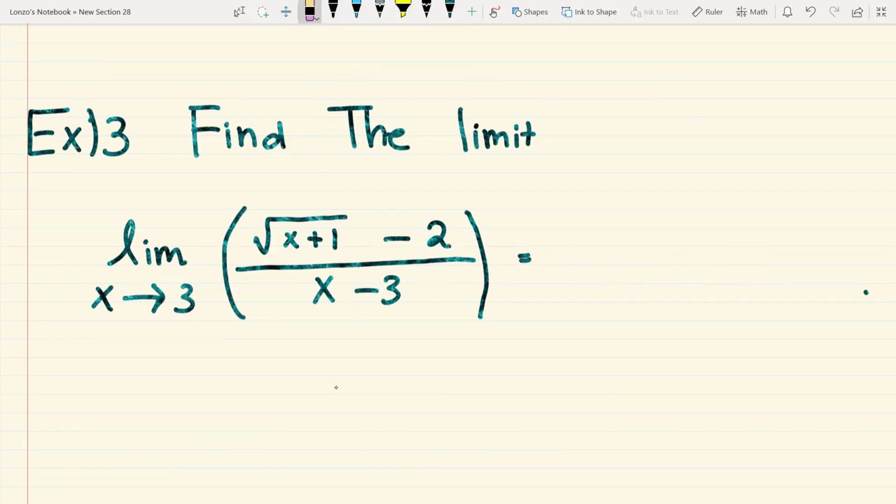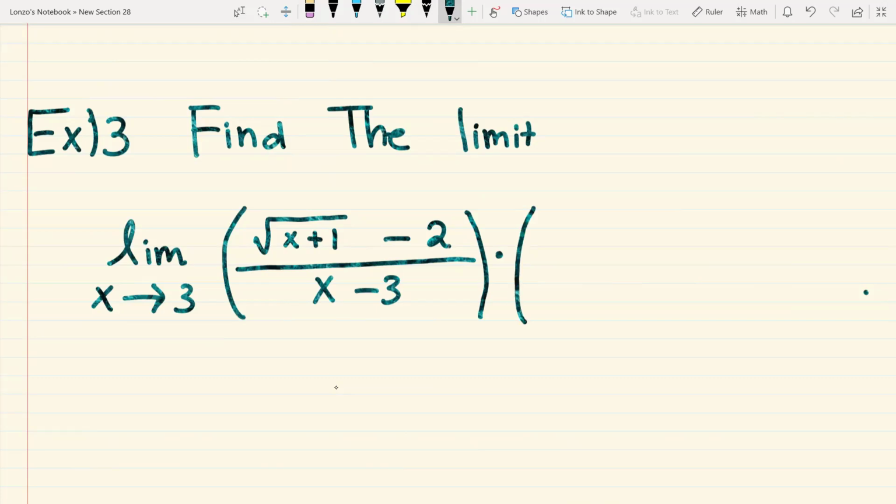What I would have to do is, the clue is there was a minus in the middle. You'll get more advanced, but I know that I have to multiply top and bottom by the conjugate. And this time I'm going to multiply top and bottom by the conjugate of the numerator. There's really no trick, you just have to know it.